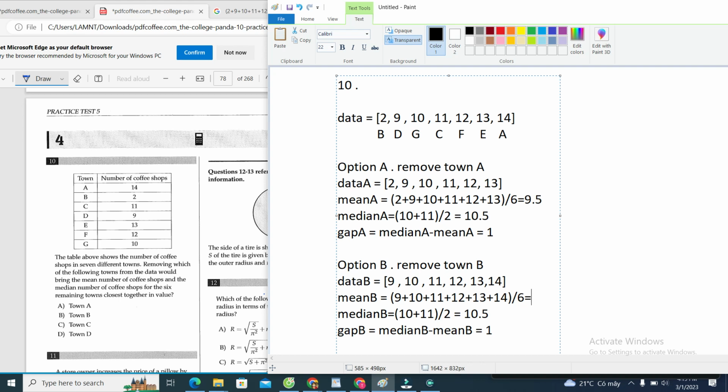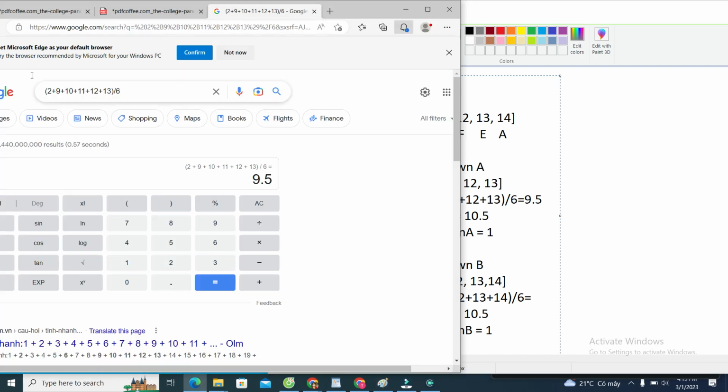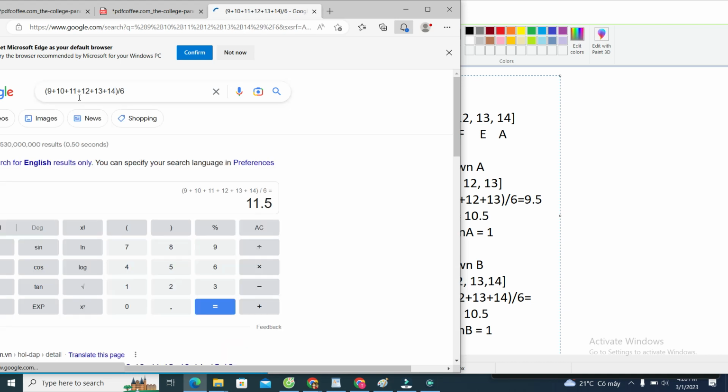So let's calculate. Remove 2, add 14 in. It should be 11.5.